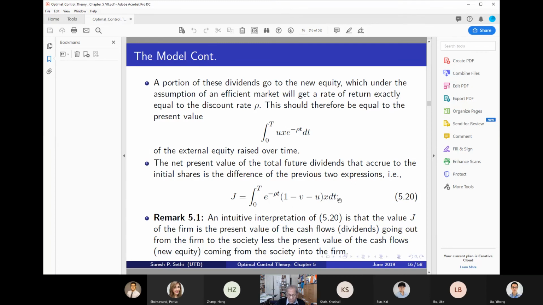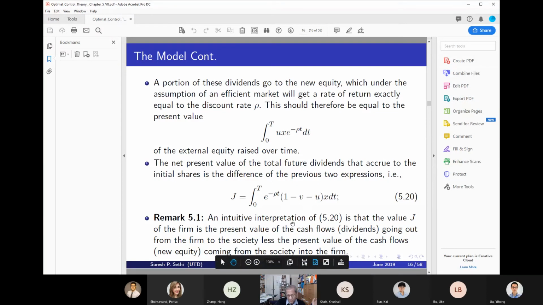There's another way to look at this. There are many ways to look at it, and you may not learn every one of those in a finance course, but I have my own view here. One is that the net present value of the total future dividend accruing to the initial shares is the difference of these two expressions.